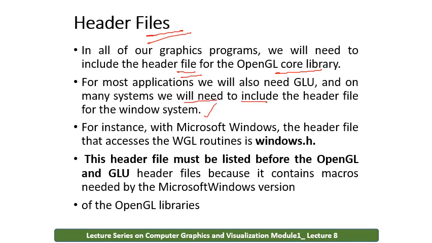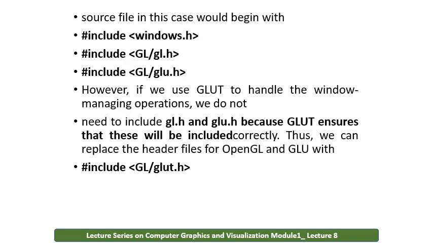For instance, in Microsoft Windows, the header file that accesses the WGL routines is normally given in the windows.h header file, and it must be listed before the OpenGL and GLU header files, because it contains some macros required by the Microsoft Windows version of the OpenGL libraries.